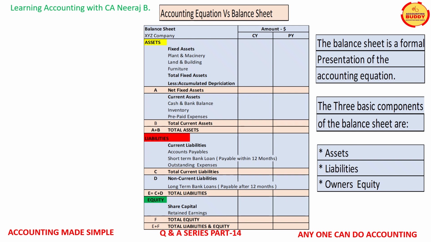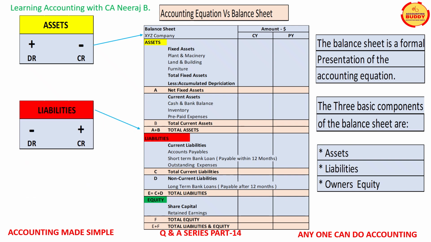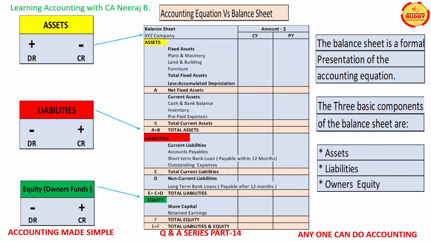As you can see, it is divided into three major sections: first assets, second the liabilities of the business, and third the equity of the business. At this stage, just remember the relationship between the accounting equation and the balance sheet of the business. We are going to discuss the balance sheet and its various components and their relationship in subsequent chapters in detail.